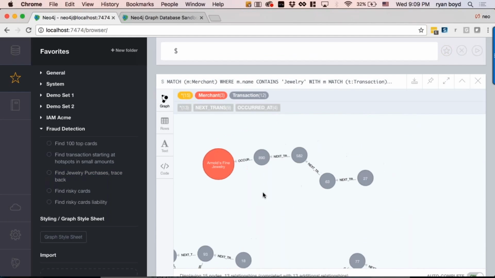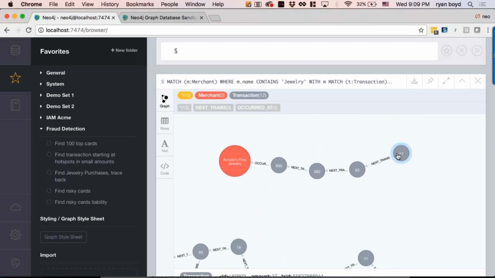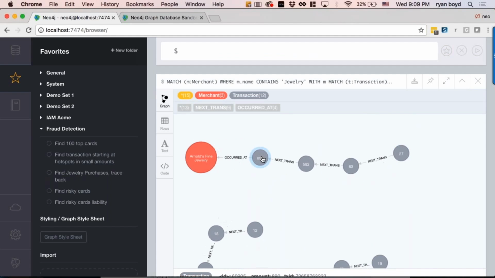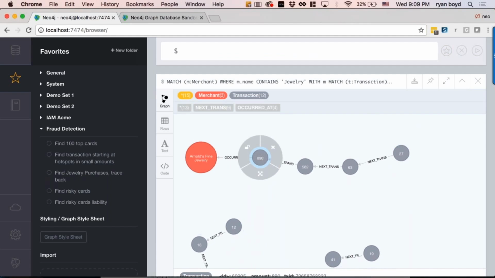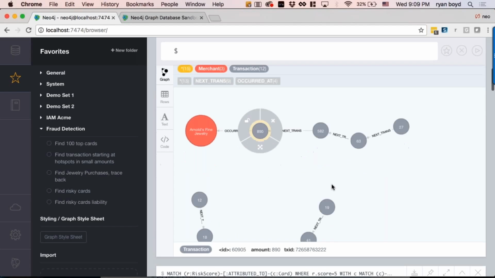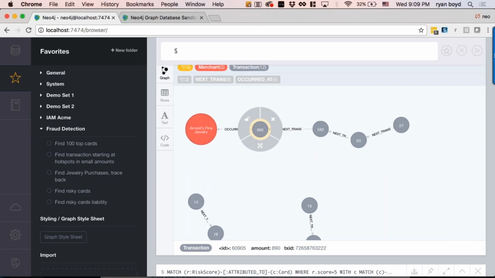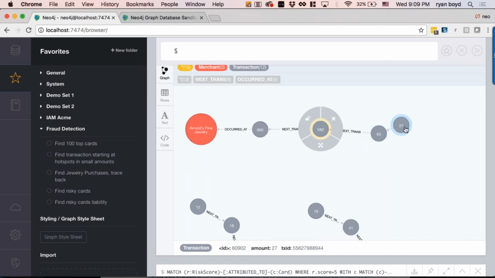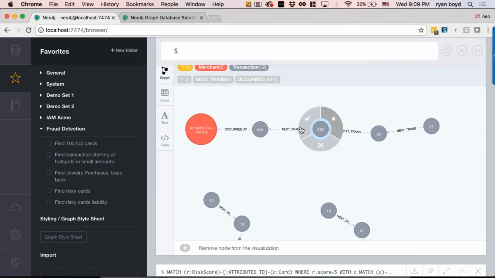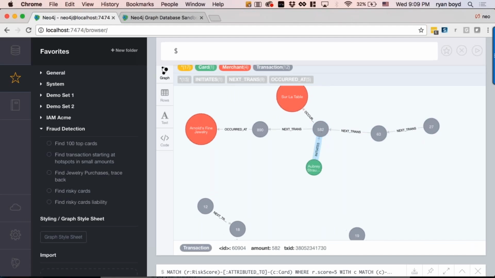And if we query that, we actually get a couple matches here. So we have this transaction, which occurred at this merchant. And this transaction, we can see here, the value is $890. I'm displaying that in the node. The previous transaction was $582. And you can see it started with some smaller transactions leading up to this big transaction at the jewelry store.